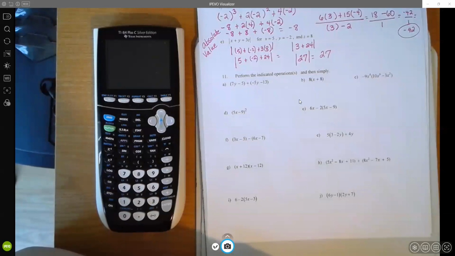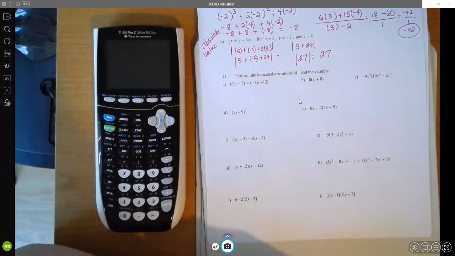So one of the things that you'll want to be careful on the exams, these problems will be mixed just like they are here. So how do we tell what we're supposed to do? It doesn't say add and give us a set of addition, subtract and give us a set of subtraction, use distributive and give us that, use FOIL and give us a set of those. We have to be able to tell the difference.